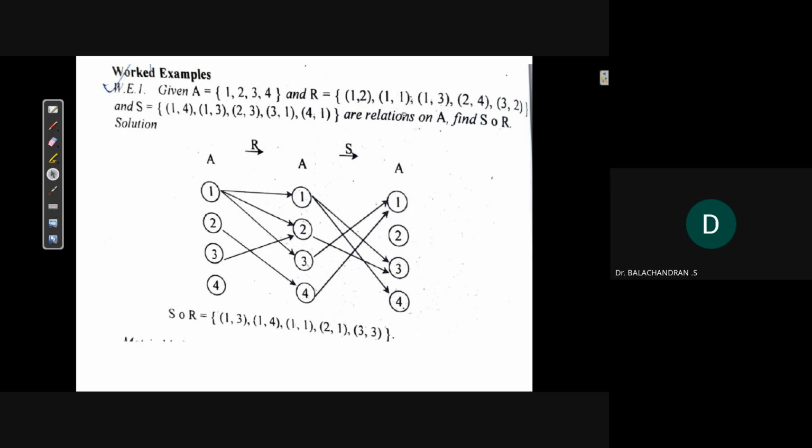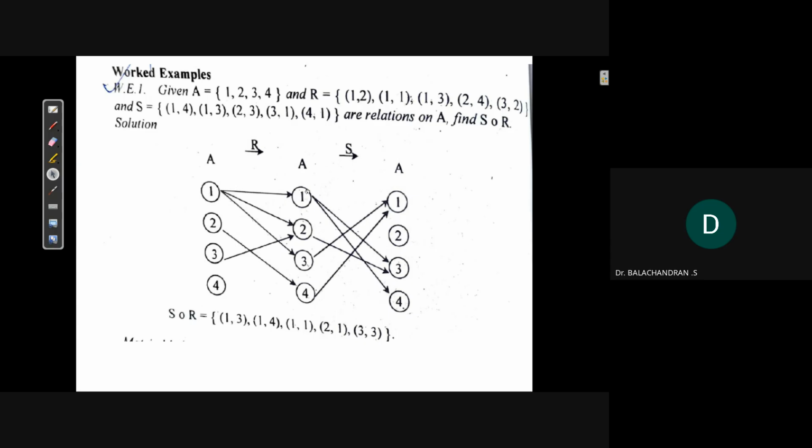S is a relation on A. Find the S composition R. So this is the usual way to find the S composition R. First you are applying R, and then next you are applying S. So here you should write 1, 2, 3, 4, this given set, and then 1, 2, 3, 4, and then 1, 2, 3, 4. So 1 goes to 2, 1 goes to 1, 1 goes to 3. Okay, similarly, you should put arrows.